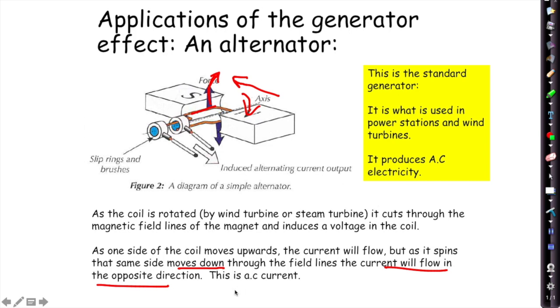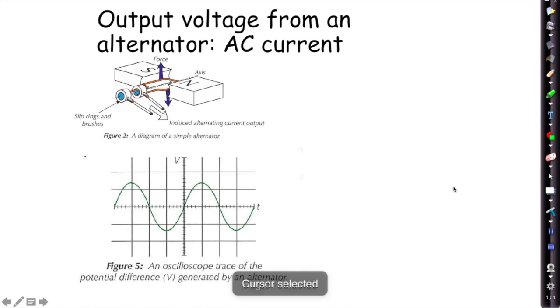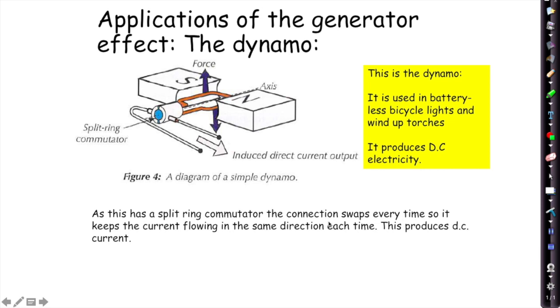So this produces AC current that we should be able to see. That should look like so. Okay, and here we have our oscilloscope trace of the potential difference generated by an alternator. And of course, if it's connected in a closed loop in a circuit, that will also create current.